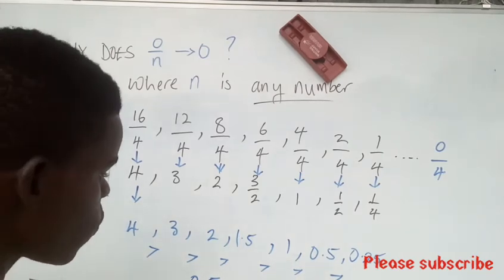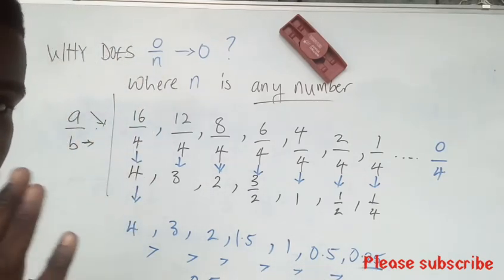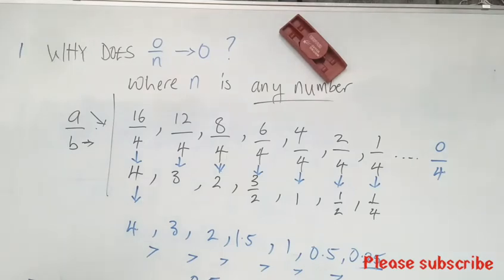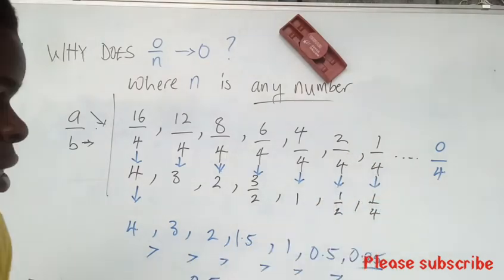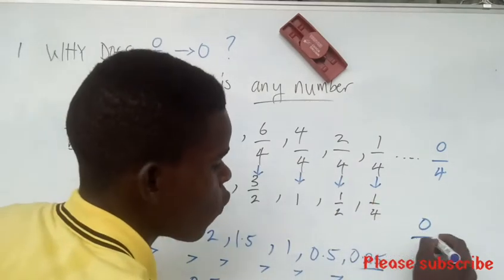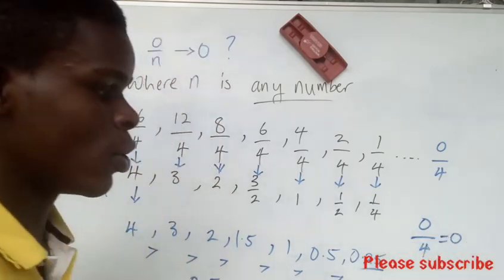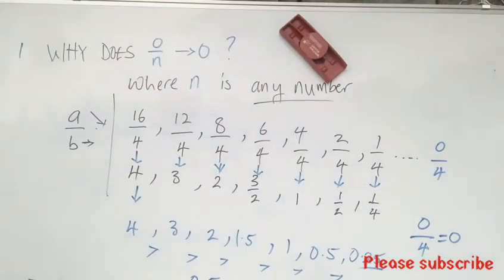That should be 0.125, which is smaller than this. That simply tells us that if your numerator gets smaller till it gets to 0, then 0 over 4 would get smaller. That would result to 0.